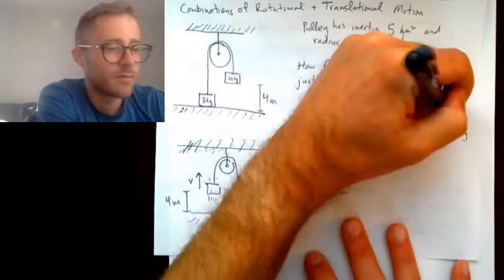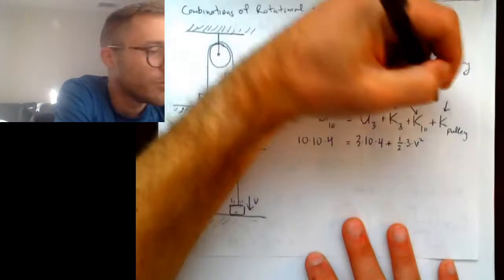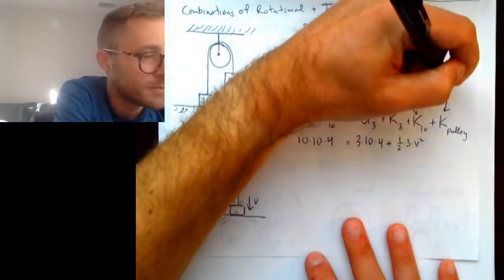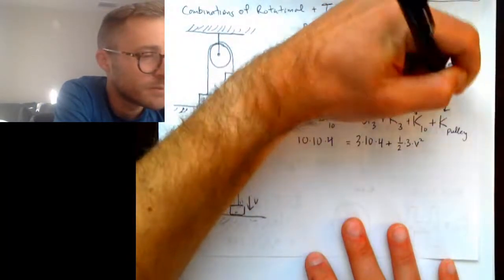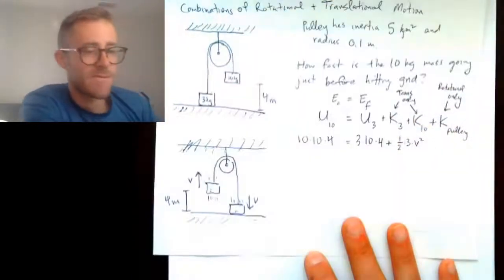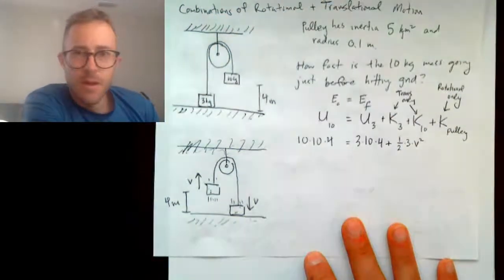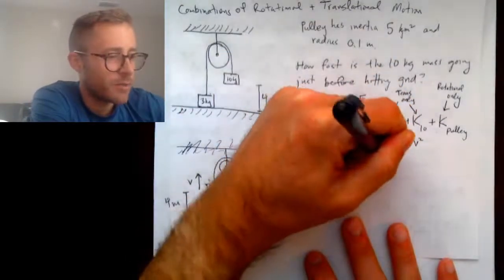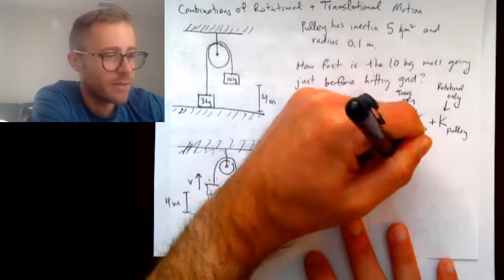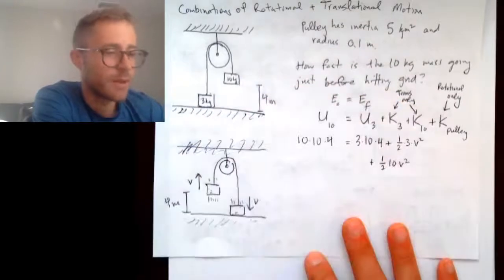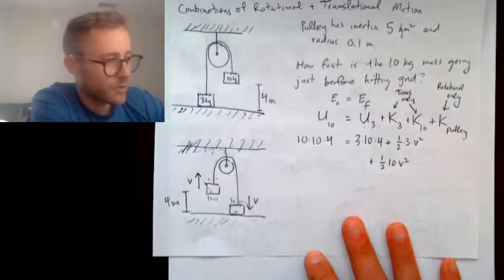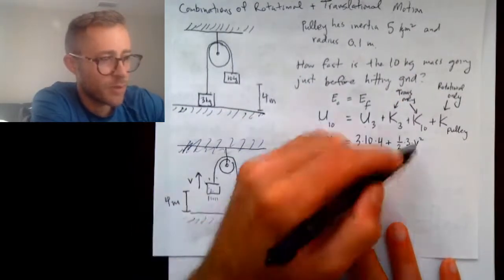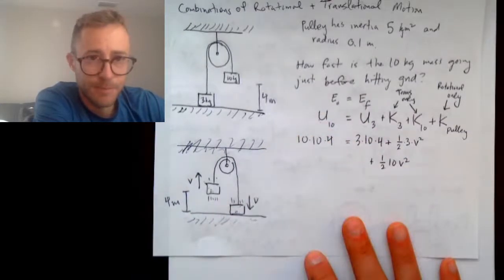And here, for the pulley, we have rotational only. Okay. So for the 10 kilogram mass, I have plus 1/2 times 10 times v squared. And remember, these two masses are connected by a taut rope, so they have the same speed.